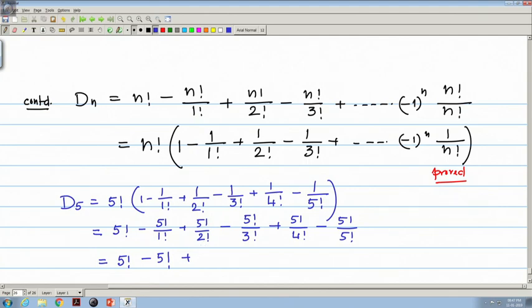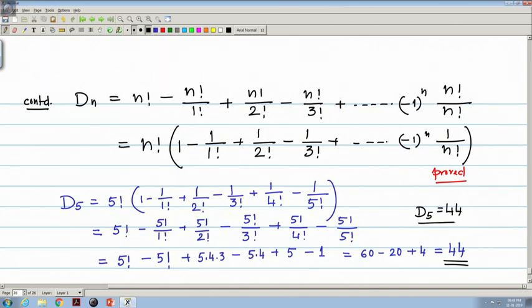Then 5 factorial by 2 factorial is 5 into 4 into 3, minus 5 into 4, plus 5, minus 1. So it will be 60 minus 20 plus 5 minus 1, which becomes 44. I get D5 is 44.